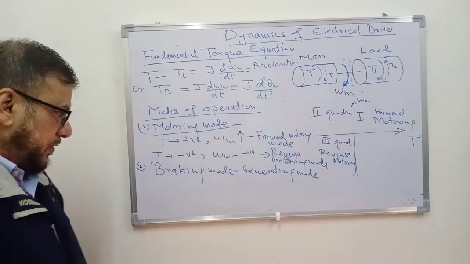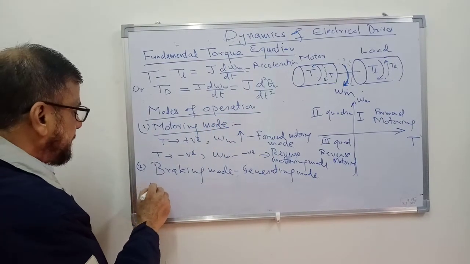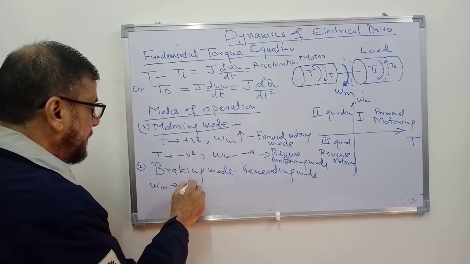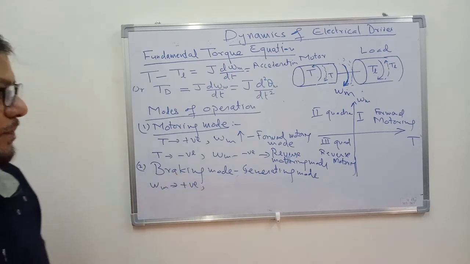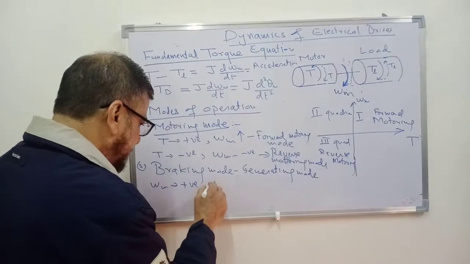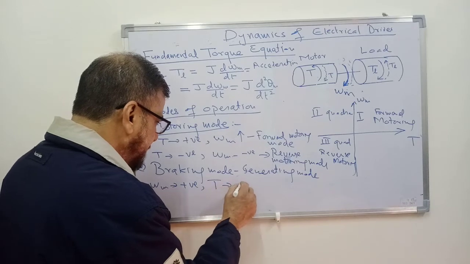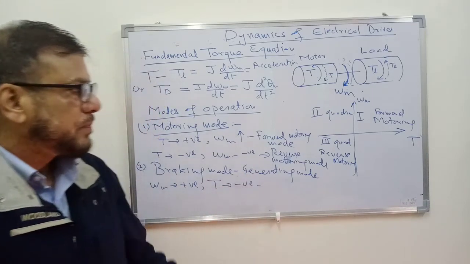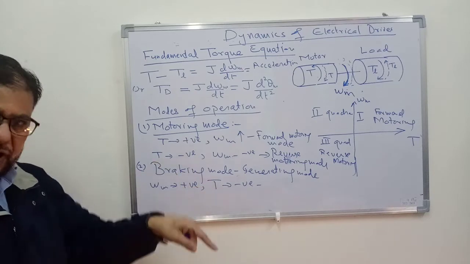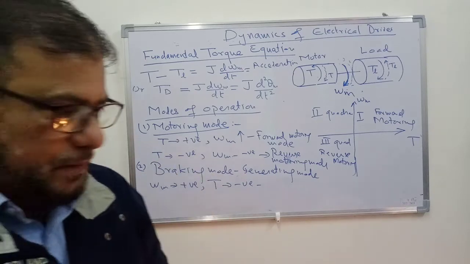where the speed is positive and the torque is negative. So it is, speed is positive, torque is in the opposite direction. So it is a braking mode.